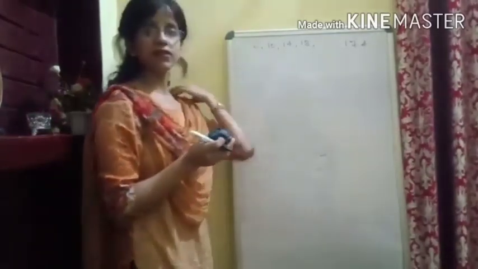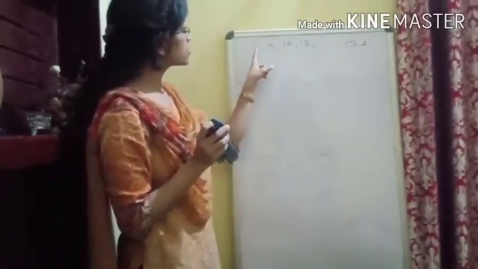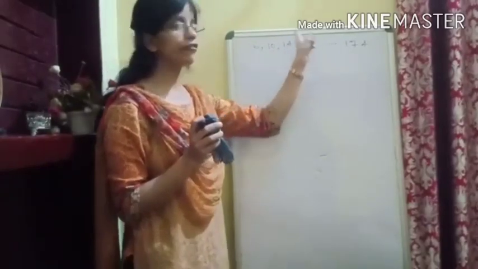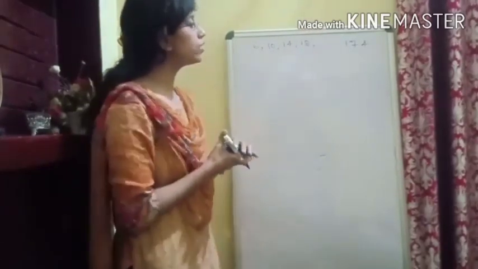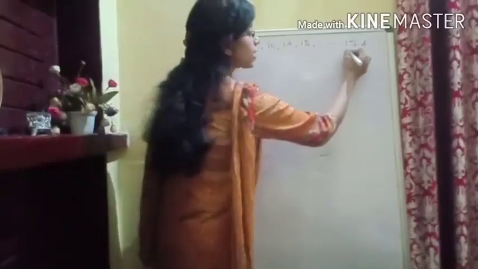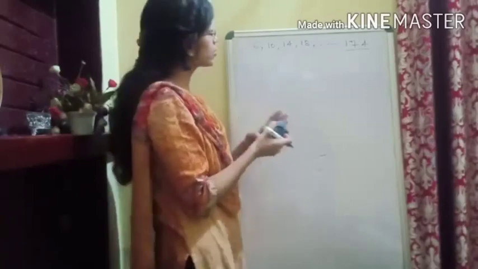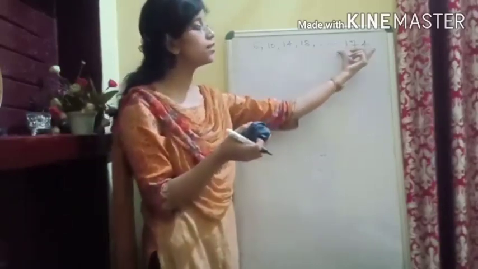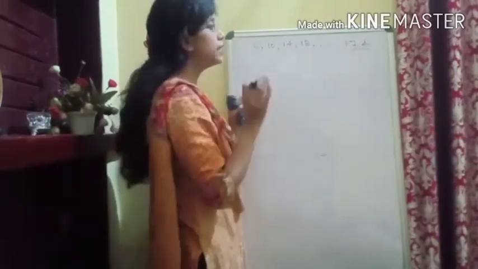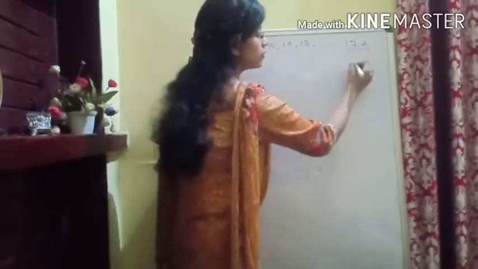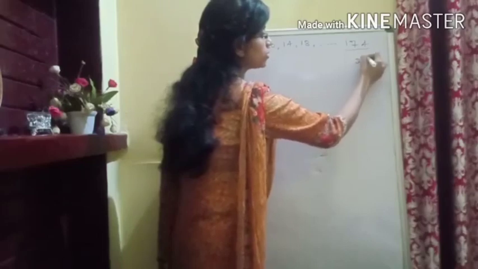To see how many numbers are there, this is your first term, second term, third term, fourth term, then fifth, sixth, seventh. If somehow we get to know at which place this number is coming, we will get to know how many terms are there, since it is the last term of the series. Let's suppose this term is coming at 23rd place.